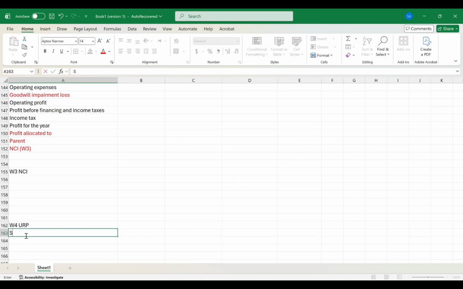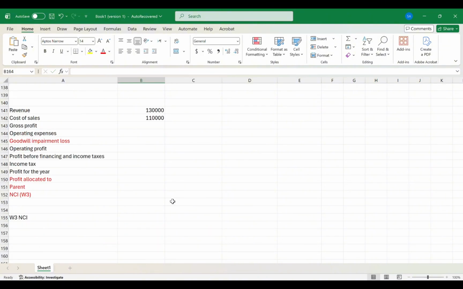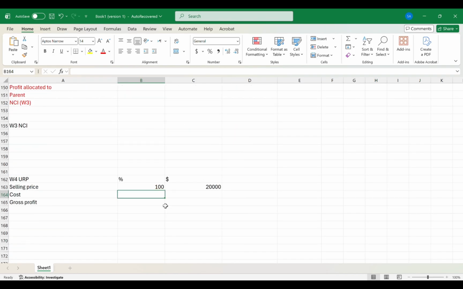So it is first the selling price, the cost, and the gross profit. So if your selling price is 100, you have sold it for 20. So this is in terms of percentage, and this is in terms of the value. Okay, your gross profit margin is 40%.